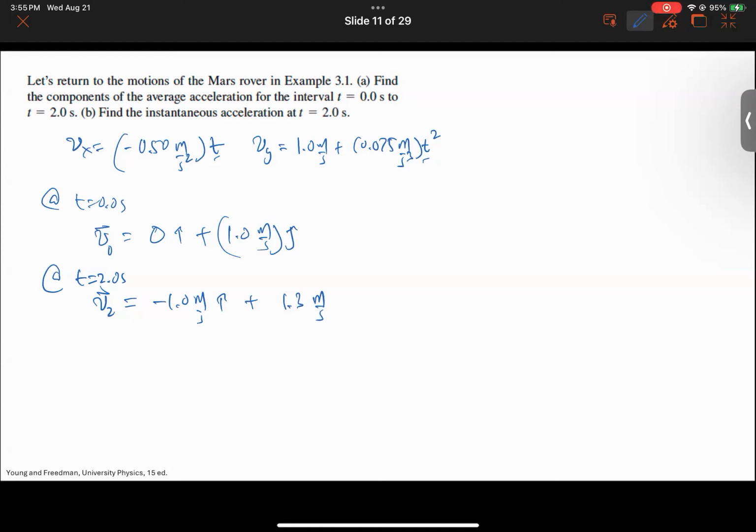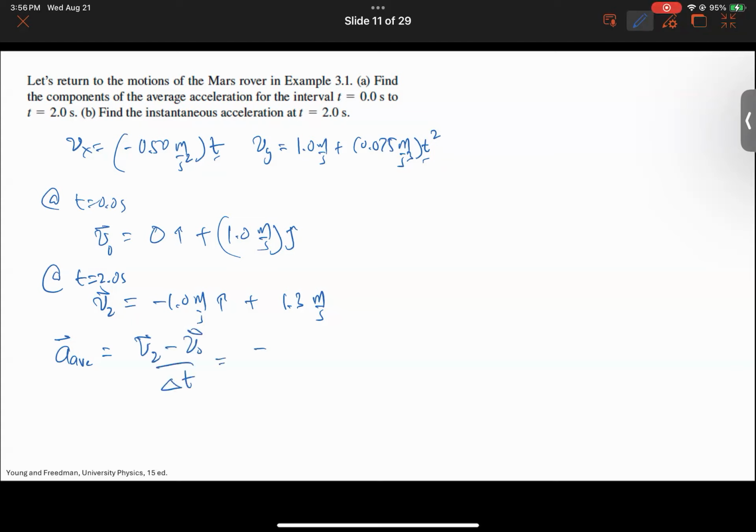Okay, so yung average acceleration natin ngayon from t equals 0 to t equals 2 seconds is equal to v2 minus v naught divided by delta t.